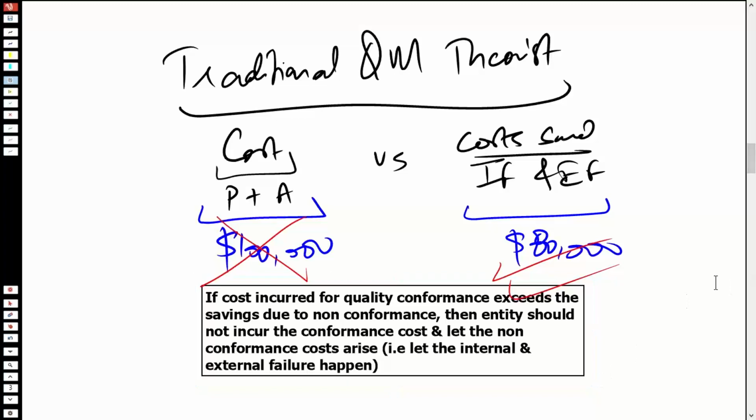That's what the viewpoint was with respect to the traditional quality management theorists.